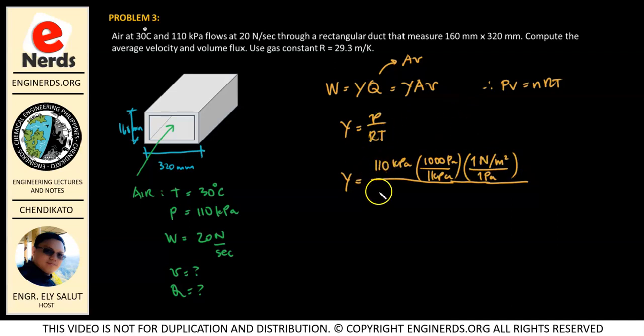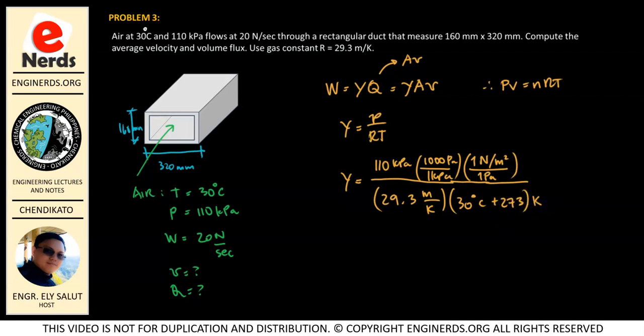Now, in our denominator, we have our gas constant, which is 29.3 meters per Kelvin, and we will multiply that to temperature, which is 30 degrees Celsius. We're going to convert that to Kelvin, so we will add 273. So this is now in Kelvin.